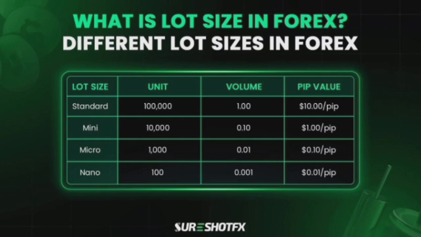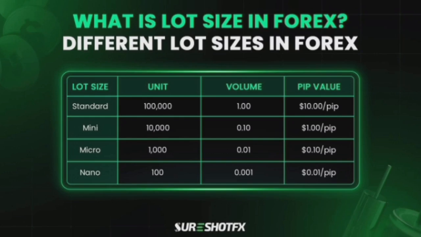So in Forex, there are different lot sizes. For example, we have the standard lot, we have the mini lot, we have the micro, we have the nano. Okay, so the standard lot represents 1000 units, 1.0 volume, then $10 per pip move. Then mini lot is 10,000 units, 0.1 volume, and $1 per pip move.